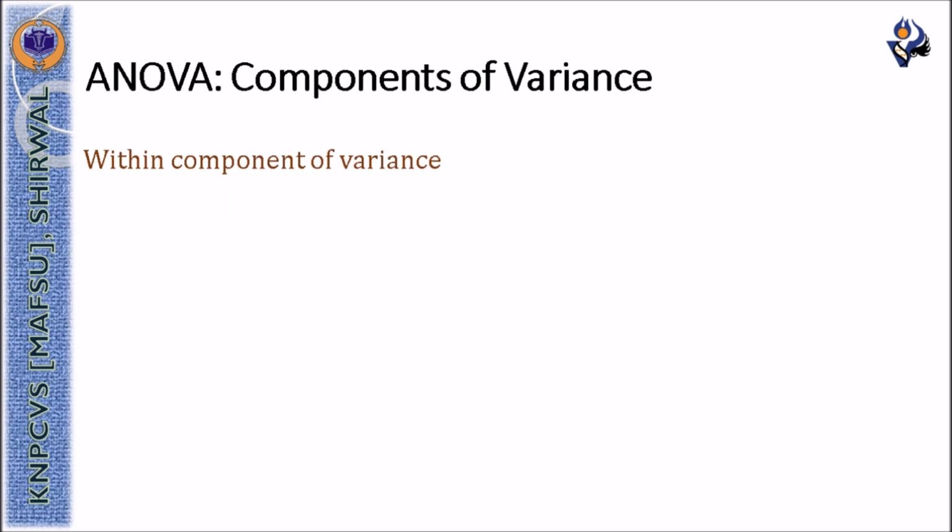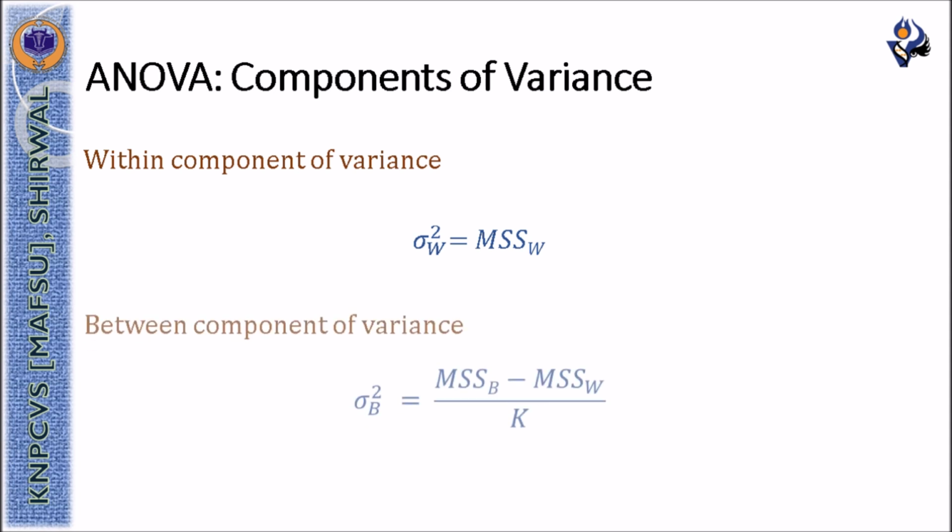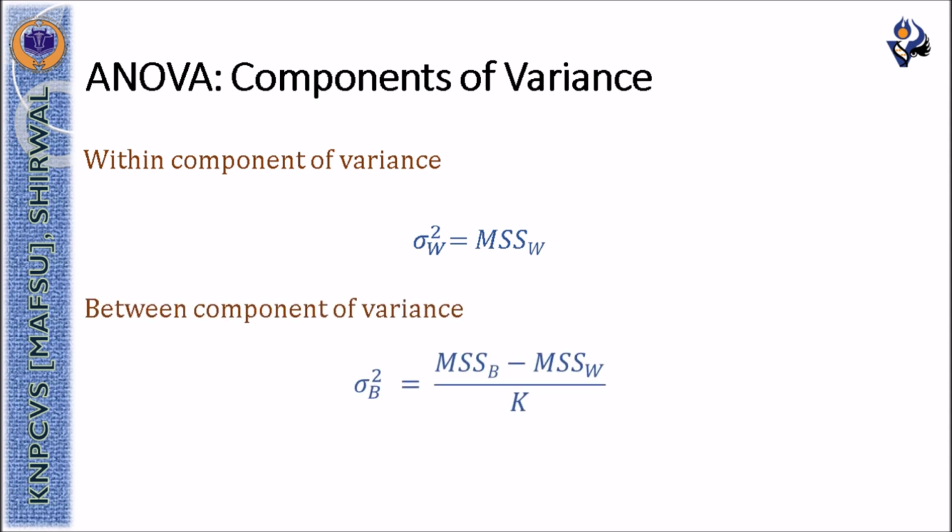The within component of variance is estimated based on within the group's mean sum of squares, whereas the between component of variance is estimated based on the between component of mean sum of squares.